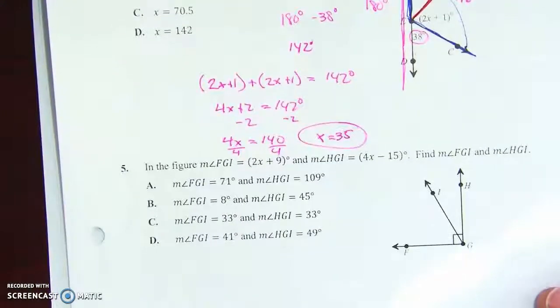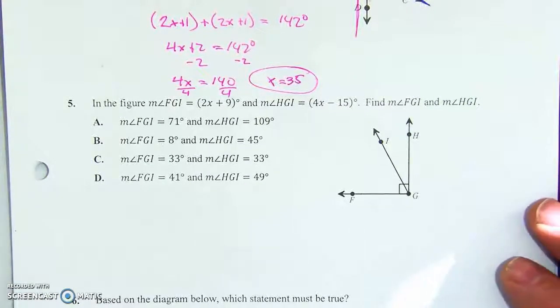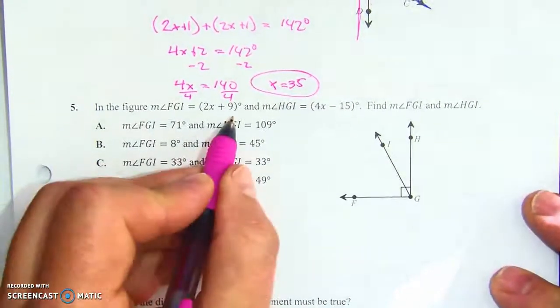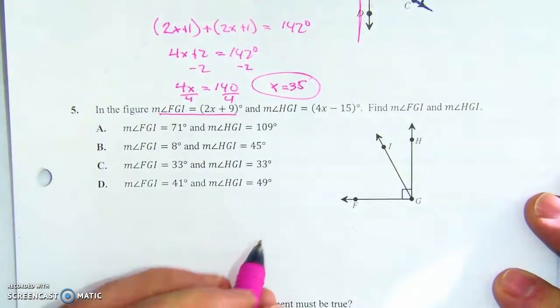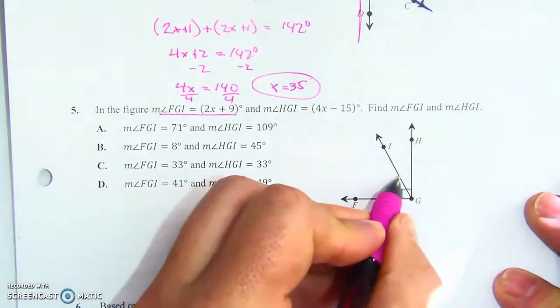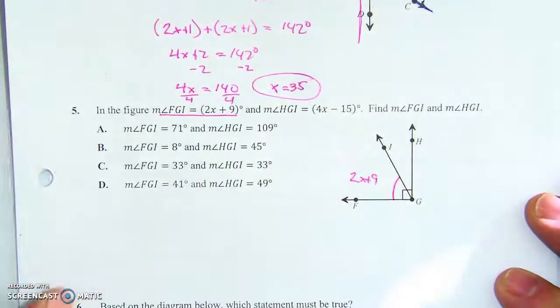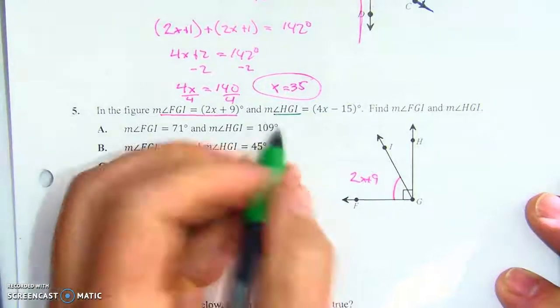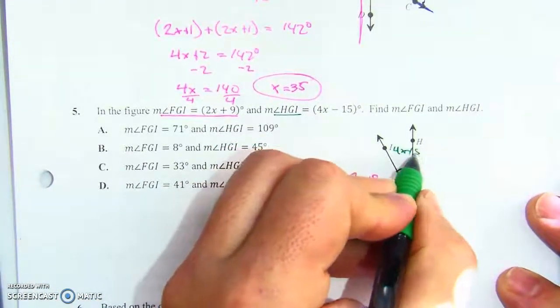All right, let's move down to question number 5. And this will look like this one. Again, same scenarios. Again, we want to make sure that we're identifying this. So FGI is this angle right here, is 2x plus 9. And then HGI, which is this one over here, we're going to label it as 4x minus 15.